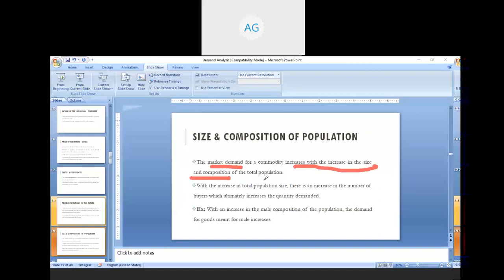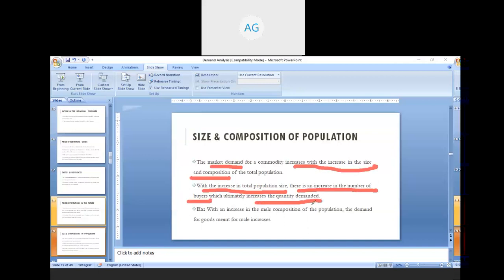It is obvious that if a particular item is consumed by a large total of population, then that commodity's demand will be more. With the increase in total population size, there is an increase in the number of buyers, which ultimately increases the quantity demanded.